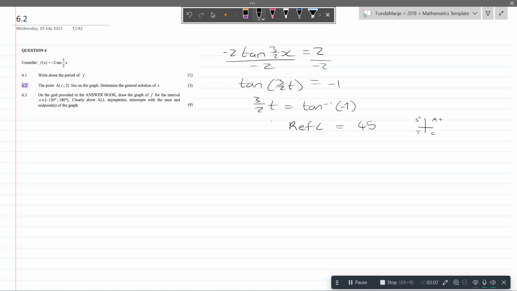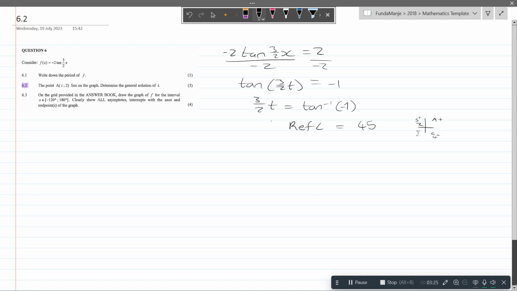Here sine is positive, tan is positive, then cos is positive. Then we know that tan will be positive in this quadrant and in that quadrant. So that means it will be negative in the second quadrant and in the fourth quadrant.